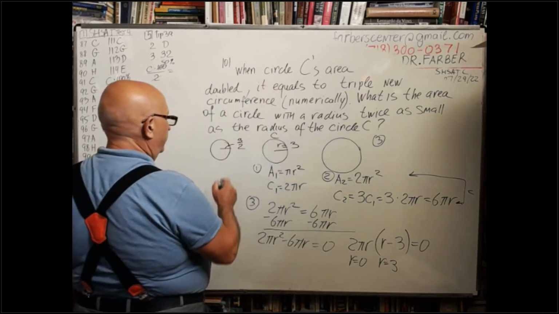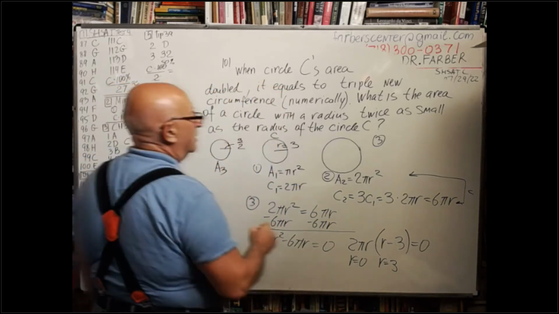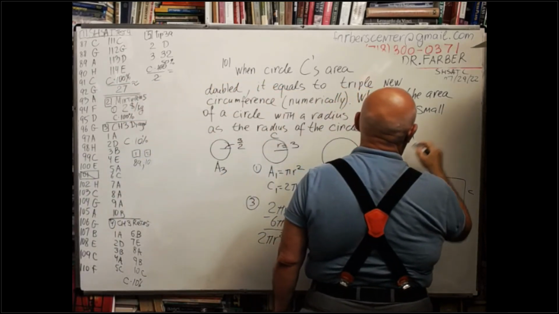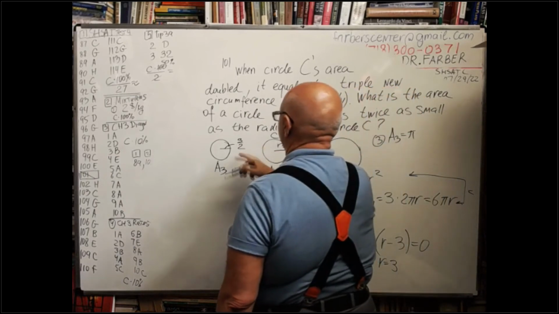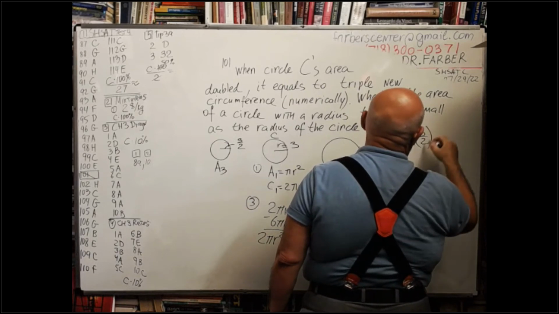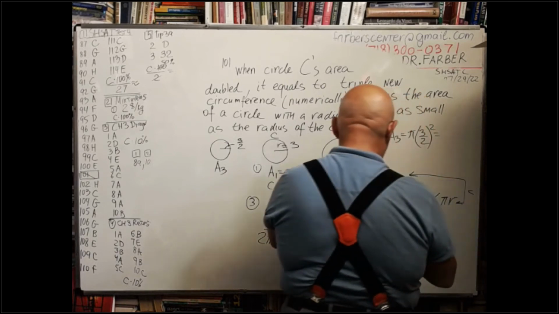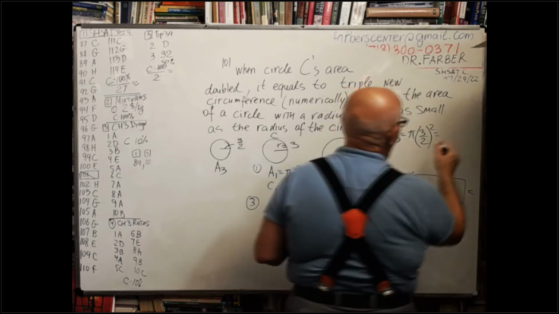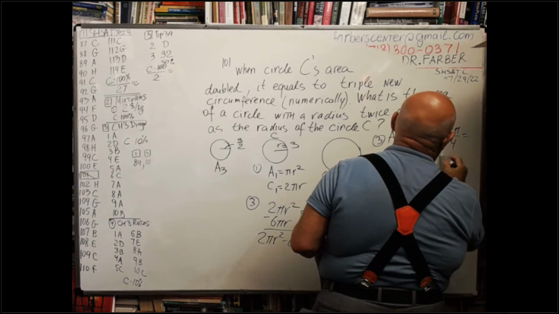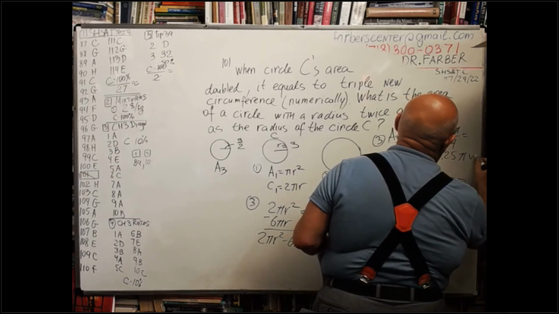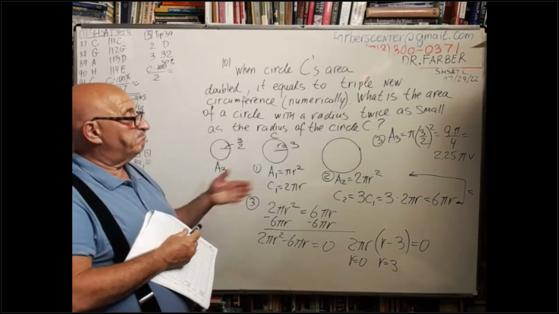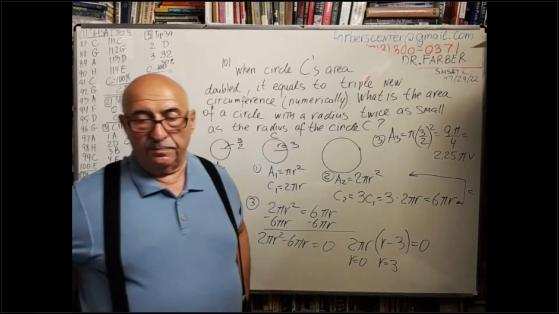Area 3 equals pi times, instead of radius, I put 3 over 2 to the second power. And I have 9 pi over 4, or 2.25 pi. This makes sense. Without this bridge, there is ambiguity in this problem.